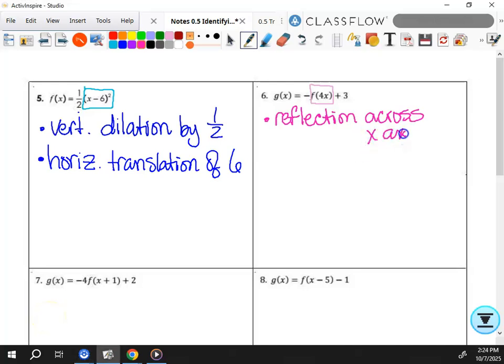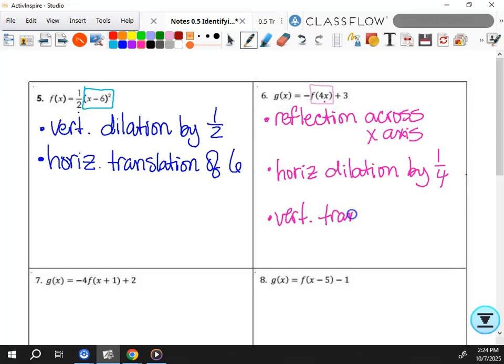X-axis, okay. And then this is going to be a horizontal dilation. Good. Horizontal dilation by 1/4. And then we have a vertical translation of 3, right? And the positive and negative on the translations tells you whether you go up or down or left or right. Okay, we all good on those? Yes, okay.